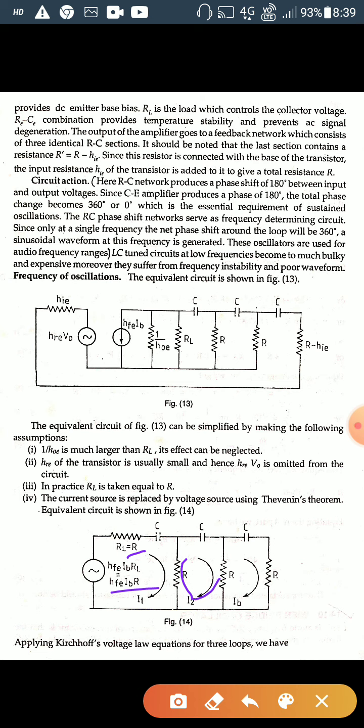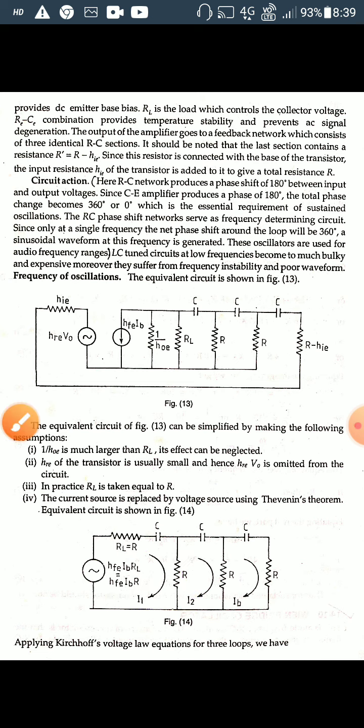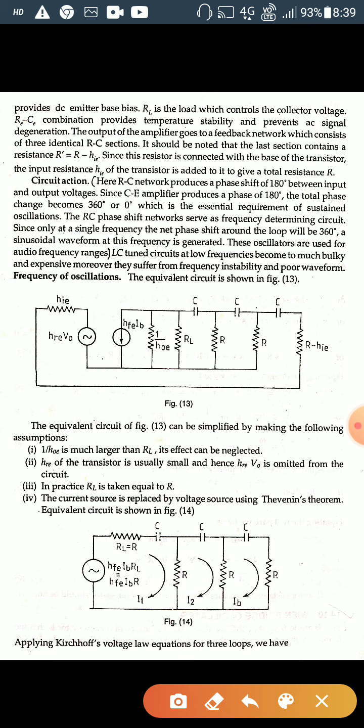So you get the KVL expression for the first loop.